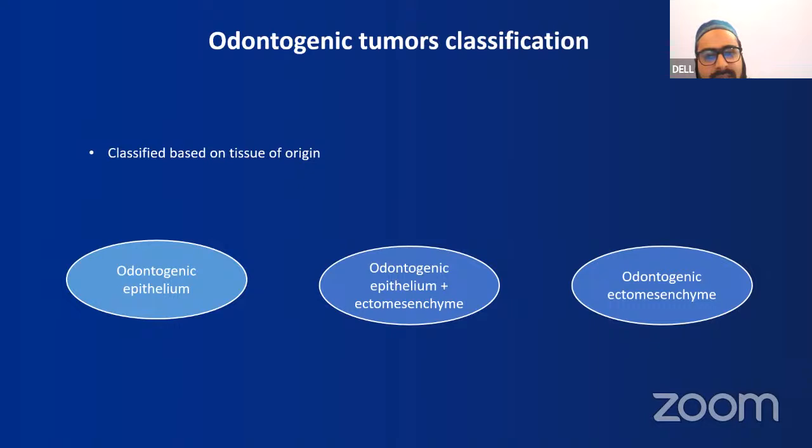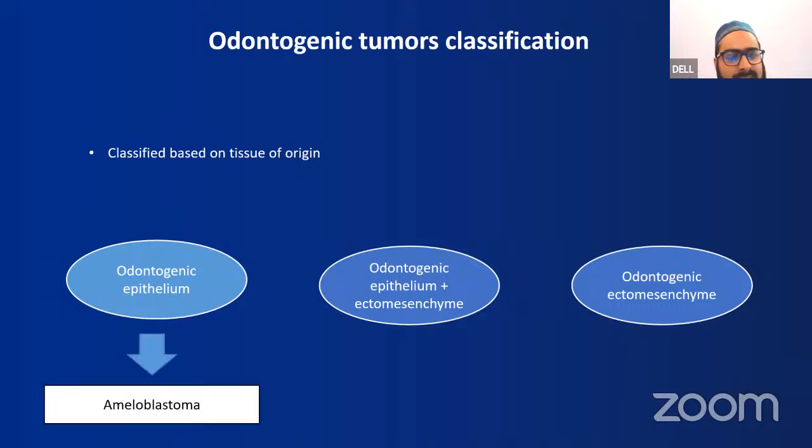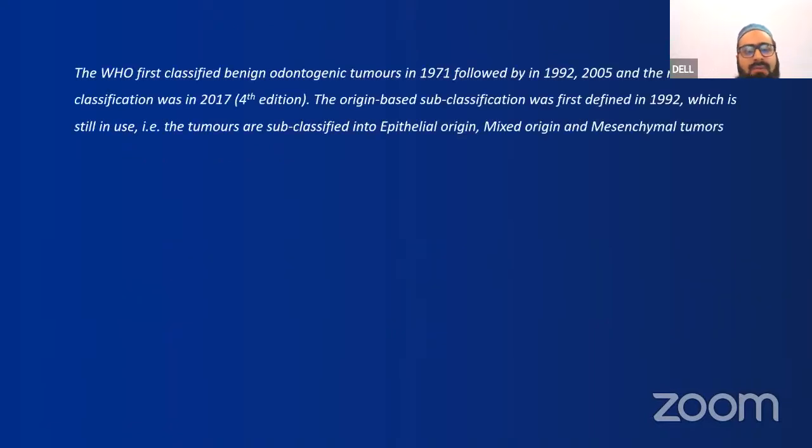Ameloblastoma is classified as an odontogenic epithelial tumor, and it comes in this category. So classically, odontogenic tumors have been divided into these three subgroups.